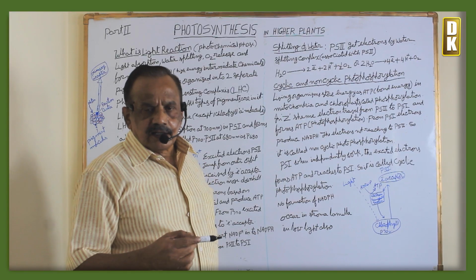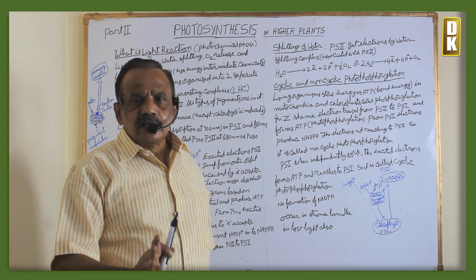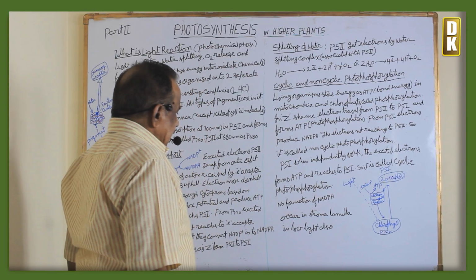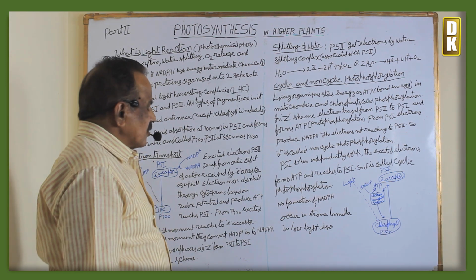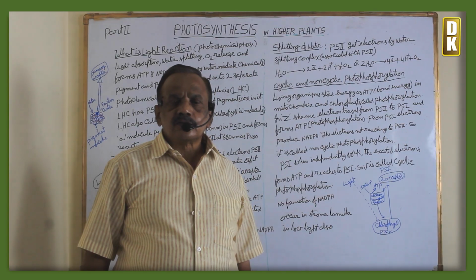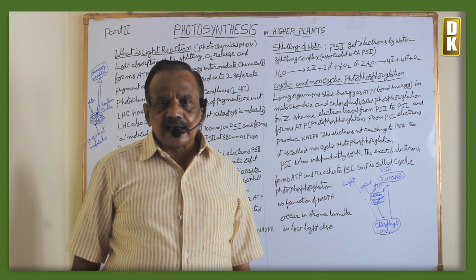So that's cyclic. Whenever it works independently, it will produce only ATP. One more thing he has given: photosystem 1 will work in lower light also. Why? The red light has a high wavelength.